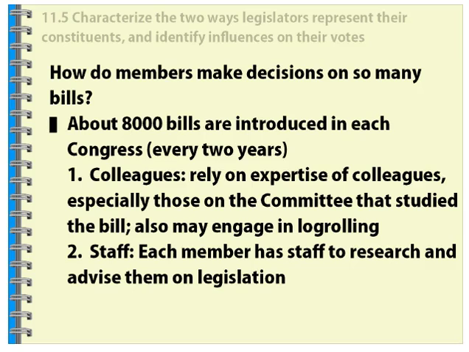Now, obviously, a member of Congress or a senator cannot be an expert on 8,000 different bills. And this is where they rely on interest groups. They rely on colleagues. They rely on their staff to really help them.